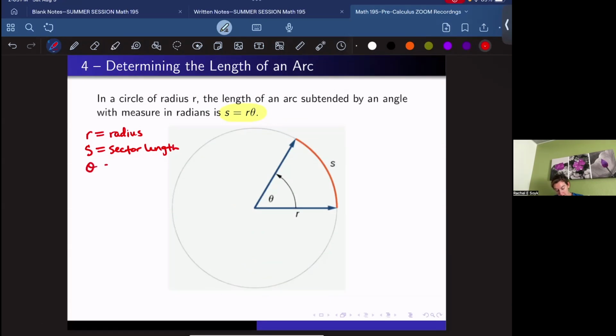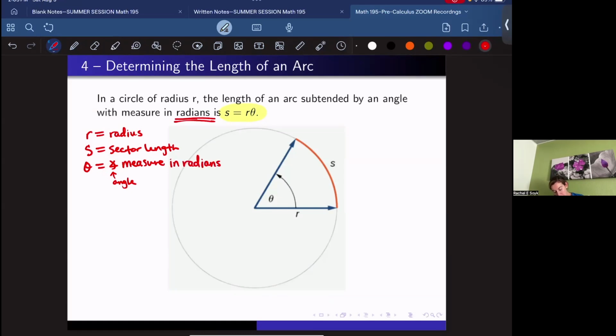And then our theta stands for our angle measure in radians. That's really important. A lot of students make this mistake. So angle measure, this is just shorthand for angle. You may have learned this in geometry. So angle measure in radians.